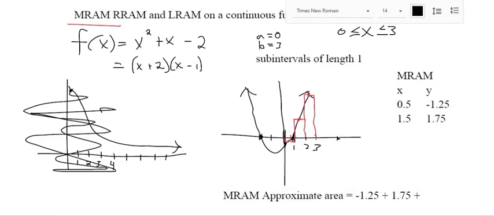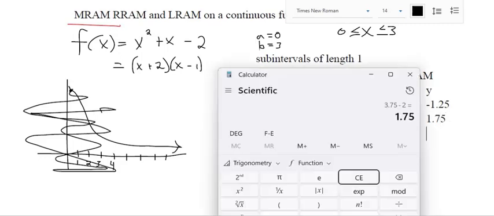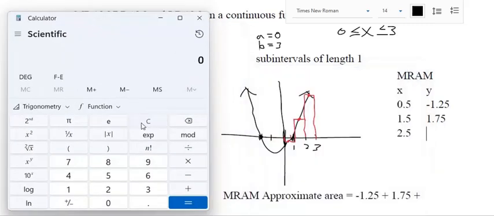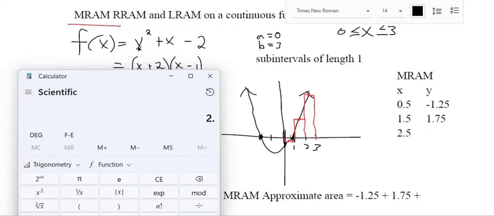And between 2 and 3, 2.5 is our x value. And so if we plug 2.5 into this function up here, we got to do 2.5 squared plus 2.5 and minus that 2. So the y value is 6.75.